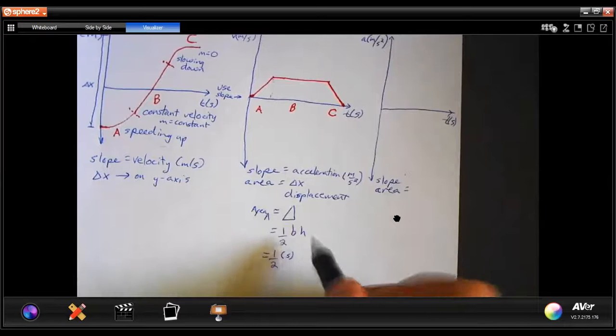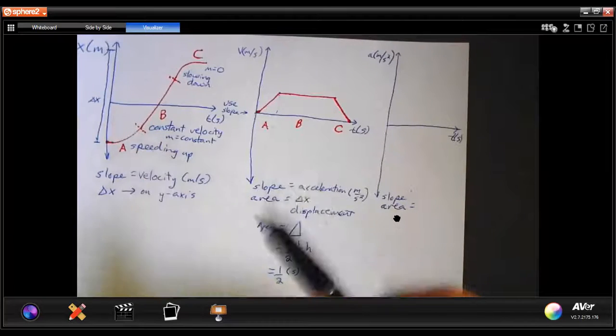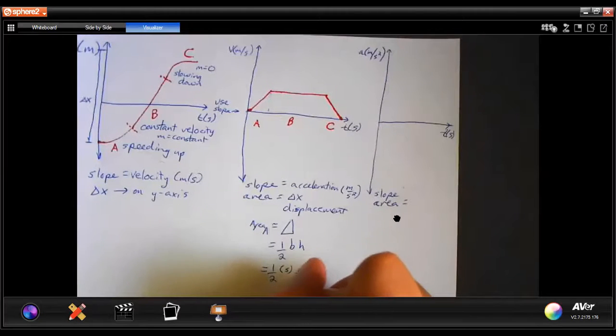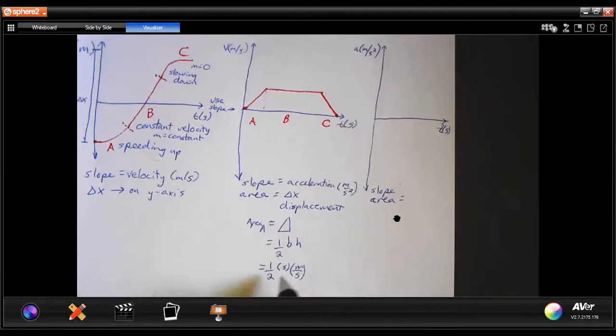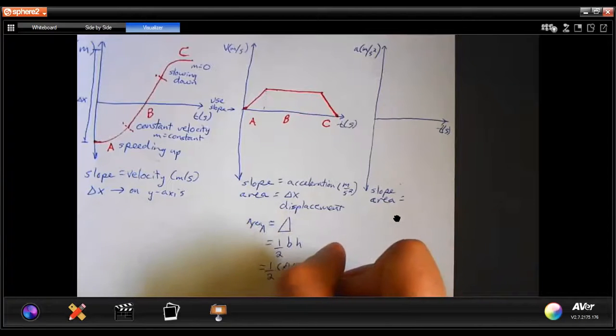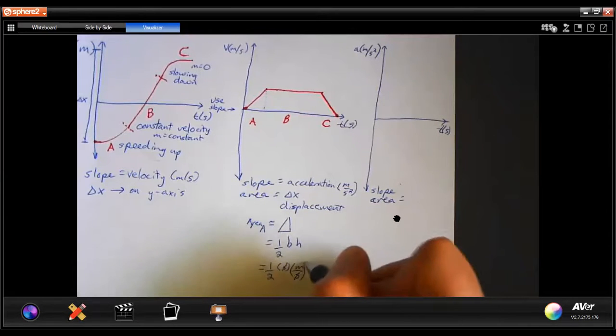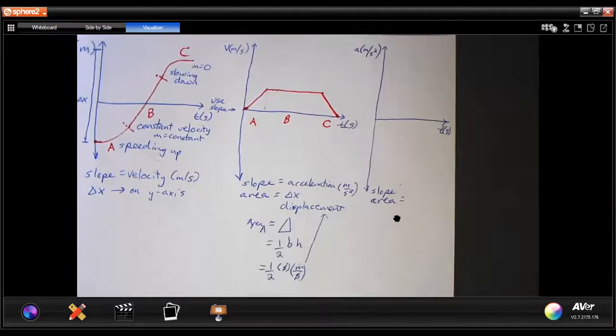And the height is velocity, so it has units of meters per second. These are going to cancel out, and I get units of meters, which are the units for displacement. A good way to remember that.